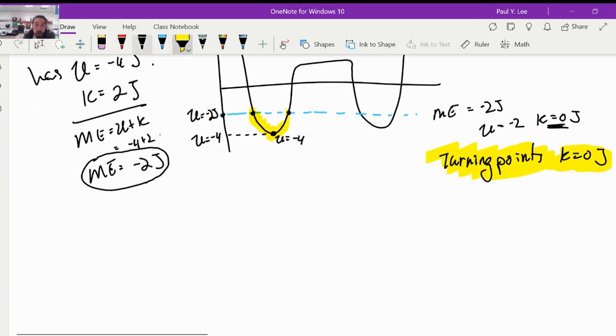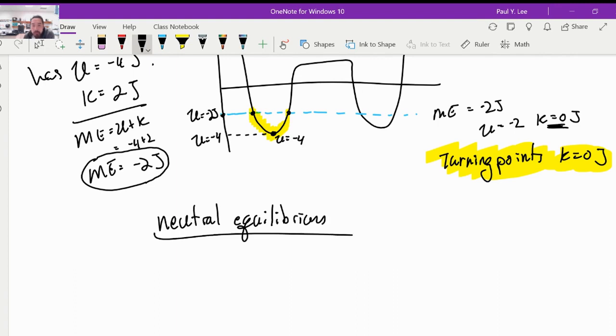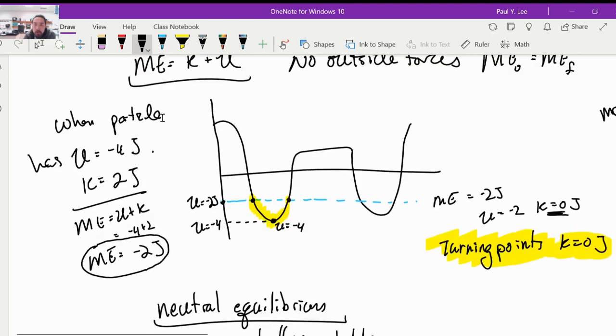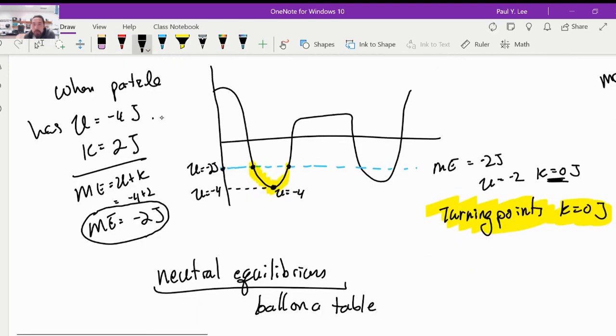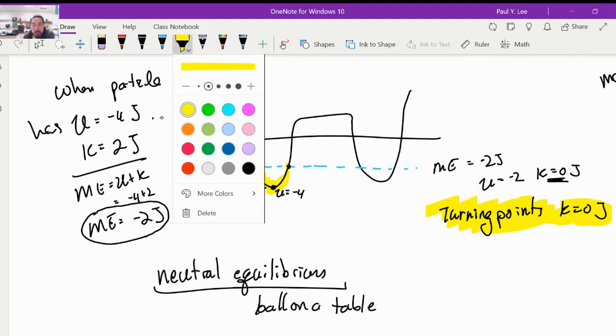All right. Now, another part is what we call neutral equilibrium. Neutral equilibrium, you could think about as what I like to describe as a ball on a table, or any object on a table. Now, neutral equilibrium is right here along this flat part of the track that I will now highlight.